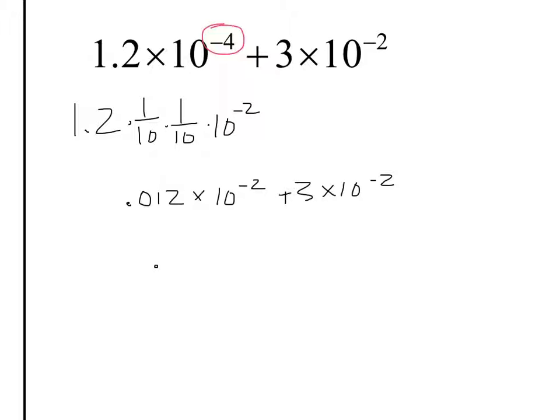Because what we're going to see here is when we add 0.012 plus 3 times 10 to the negative 2nd, we're going to get 3.012 times 10 to the negative 2nd. So we're in correct scientific notation here. That will happen far more often when you change your exponent to be the largest exponent. Okay?